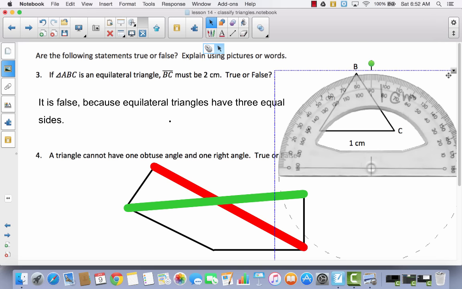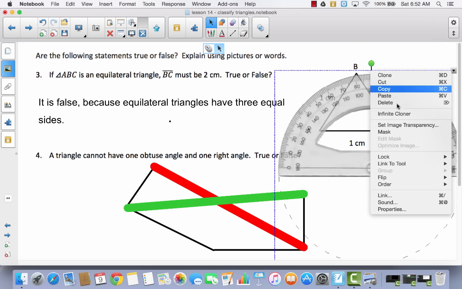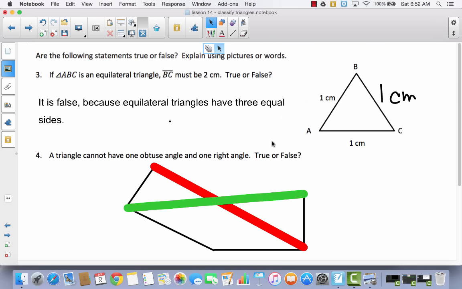So if you have an obtuse angle and a right angle in the same figure, it always makes a figure that has 1, 2, 3, 4 sides, and the other one went 1, 2, 3, 4 sides. So a triangle cannot have 1 obtuse angle and 1 right angle.